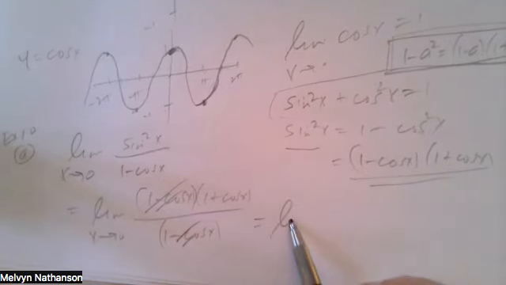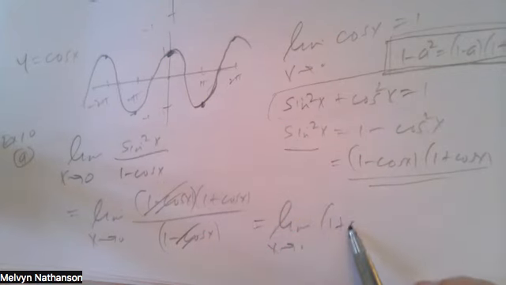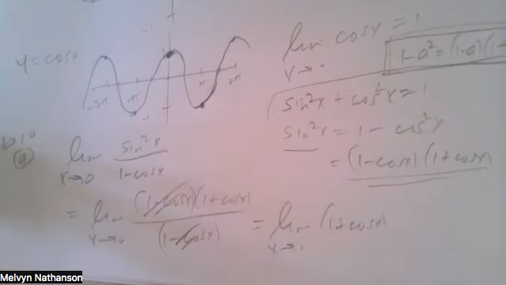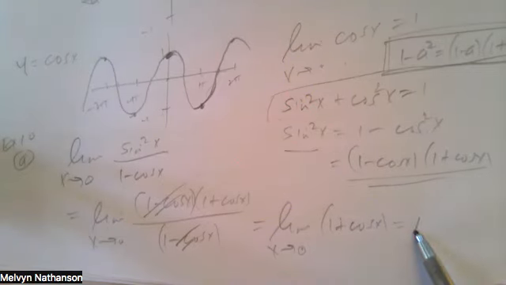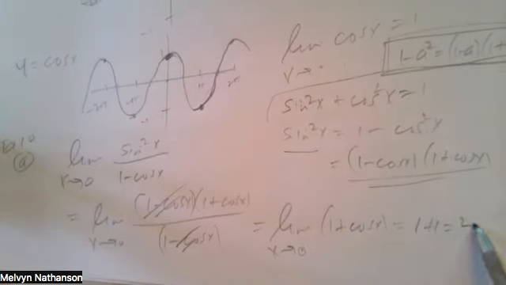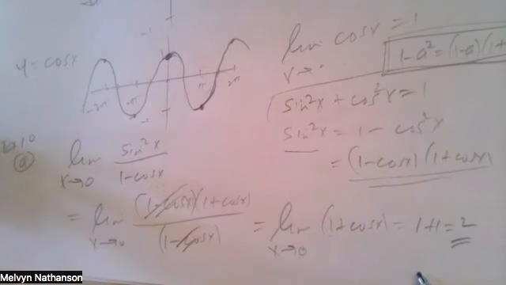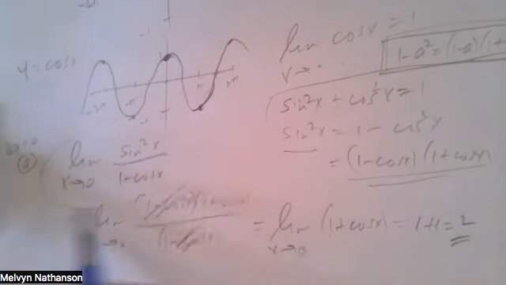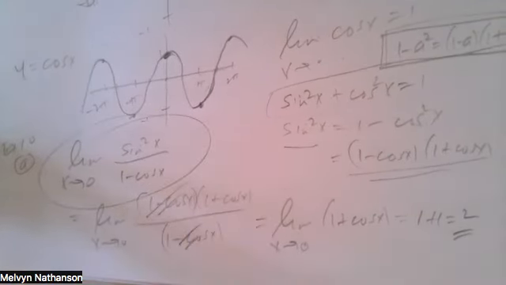So this is exactly the limit as x goes to 0 of 1 plus cosine x. And as x goes to 0, the limit of the cosine is 1. So this limit is 1 plus 1, or 2. And that is the answer. The limit that we're trying to calculate is equal to 2.